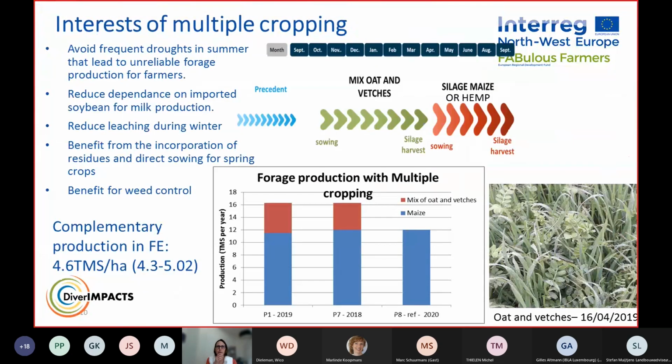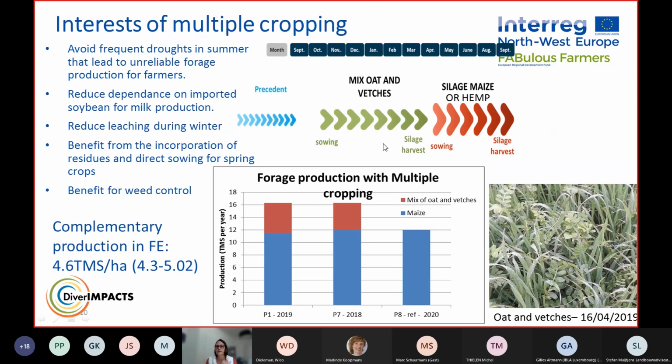To finish, I will just present you an example of a strategy that we have implemented in the experiment, which is the multiple cropping, the introduction of a mix of oat and vetch before our spring crops, silage maize, or hemp.